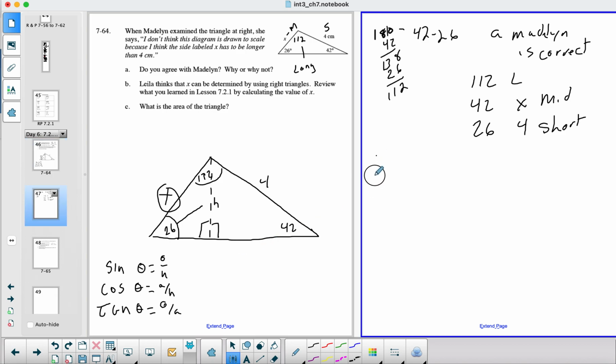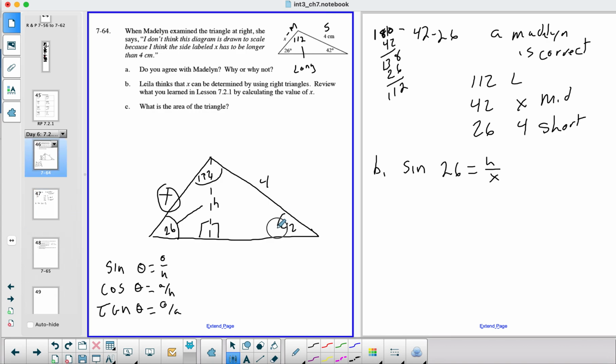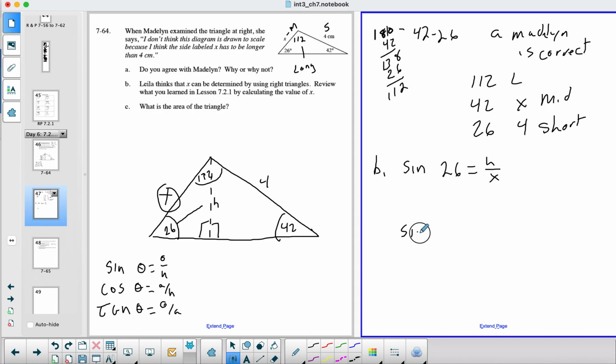So for this one we have the sine of 26 equals h over X. That doesn't help me yet, I still have 2 variables there. Let's try the other triangle. Let's go from 42. So the sine of 42 equals h over 4. That's more helpful. I can multiply both sides by 4.